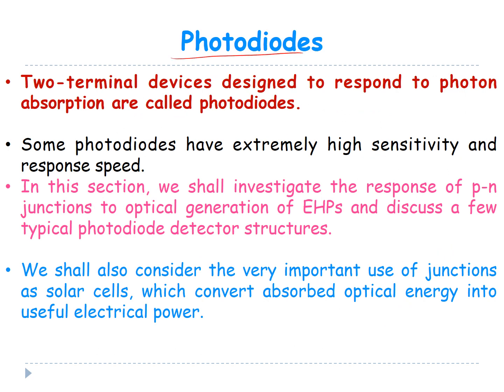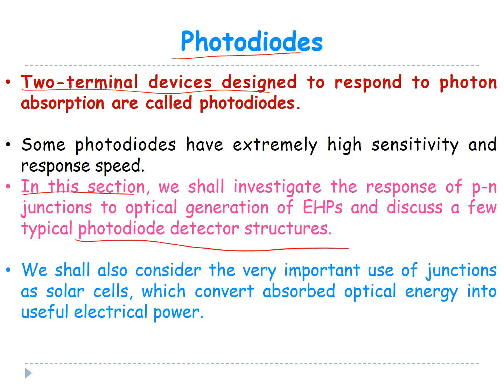Now, photodiodes are two-terminal devices designed to respond to photon absorption. Some photodiodes have extremely high sensitivity and response speed, and in this section we shall investigate the response of p-n junctions to optical generation of electron hole pairs and discuss a few typical photodiode detector structures.